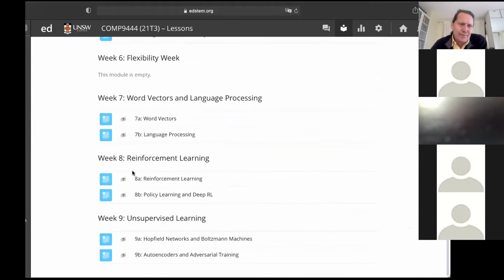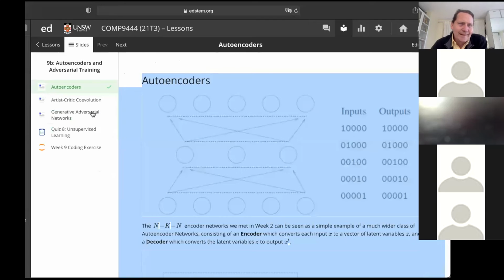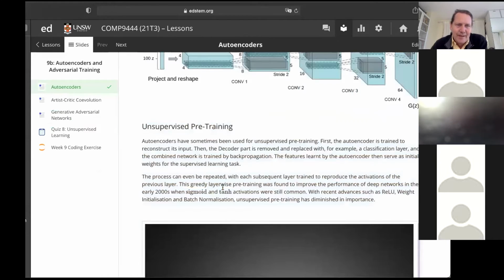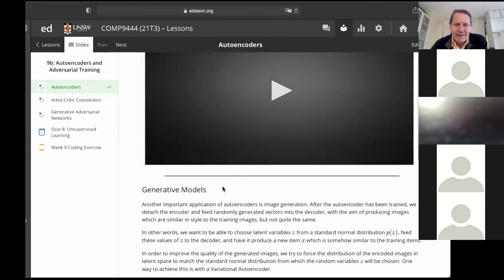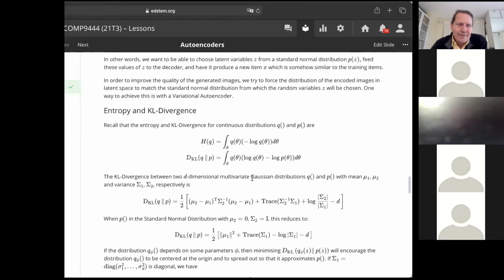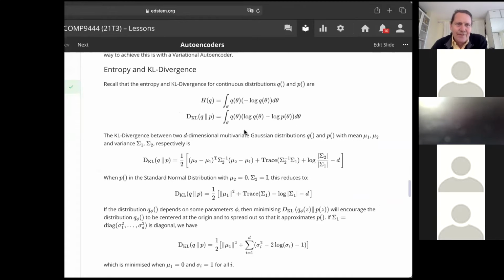And perhaps I should warn you, when we do get to the variational autoencoders, there'll be a little bit more math. Just show actually this. So this is the formula for KL divergence.